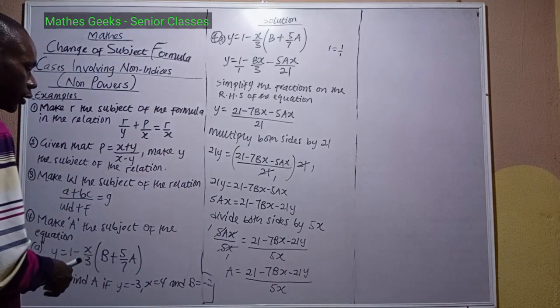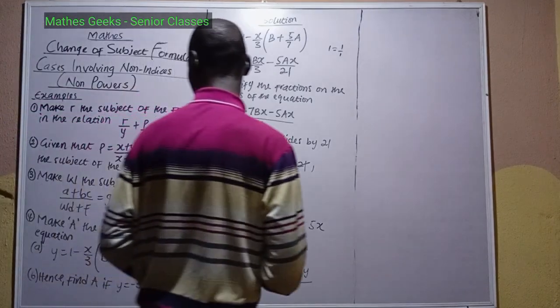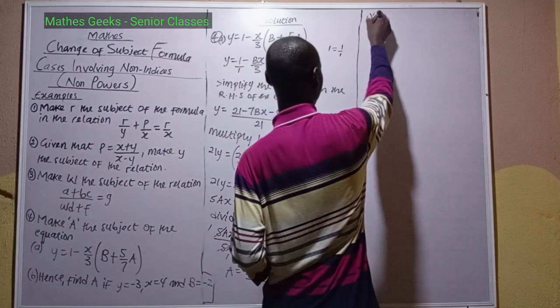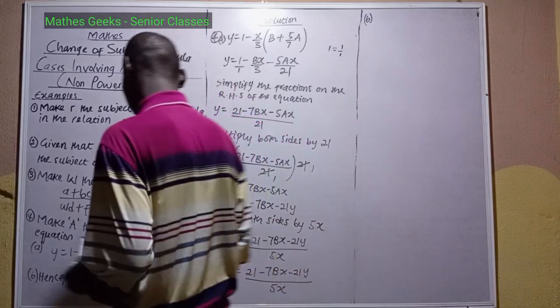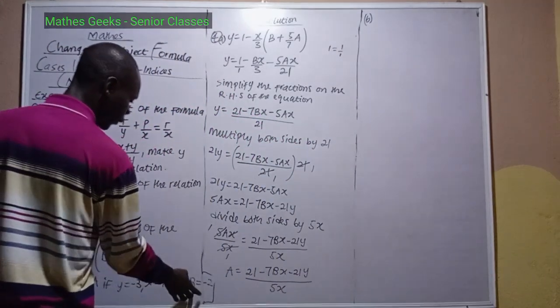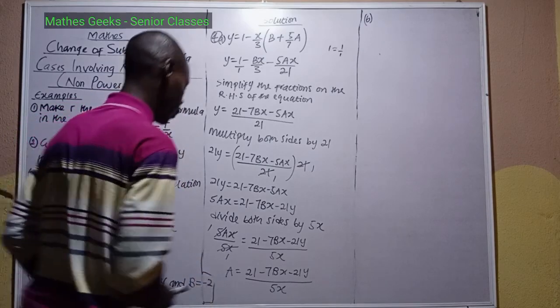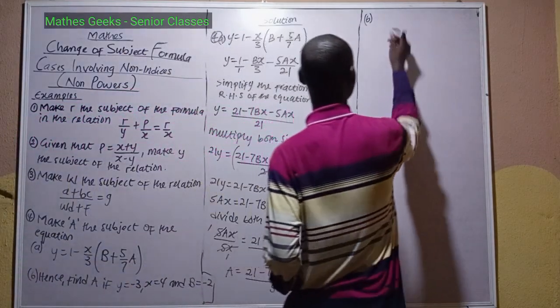So that's A, the subject of the formula, and that's the A part. The B part says find A if Y equals minus 3, X is 4, and B is minus 2. So write that formula again.